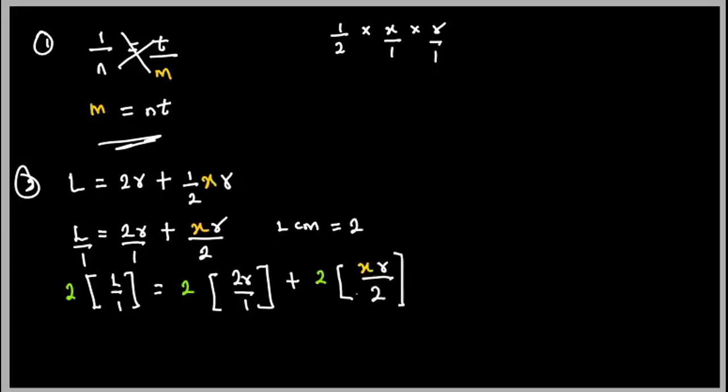So like this. As you can see, each of the fractions, L over 1, 2r over 1, and xr over 2, I multiply each of them with the LCM.